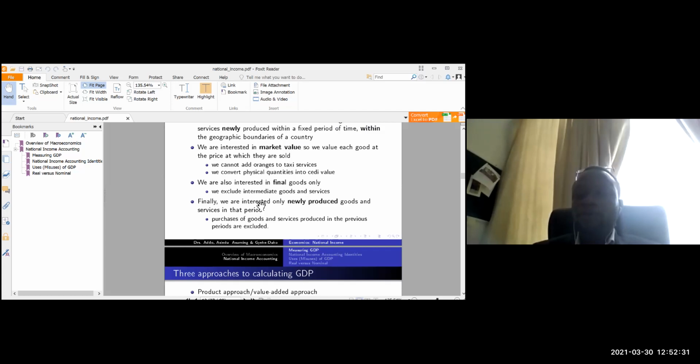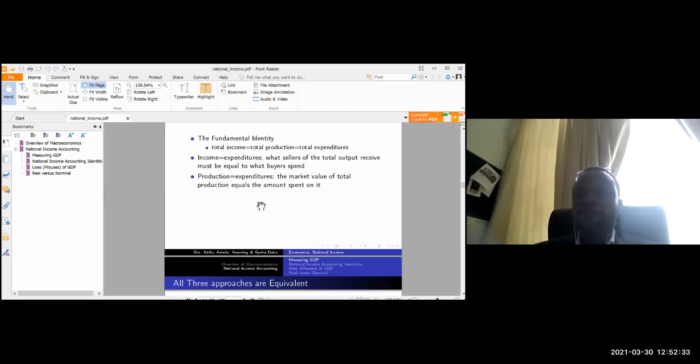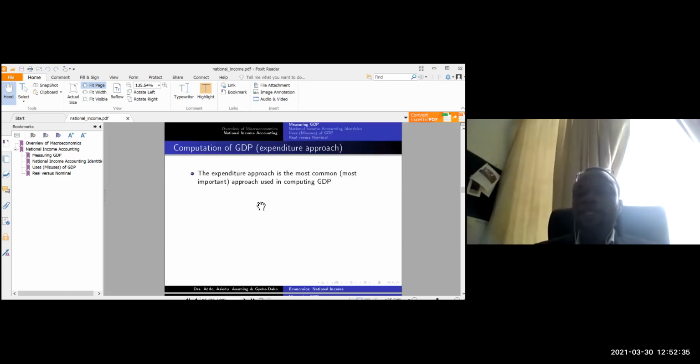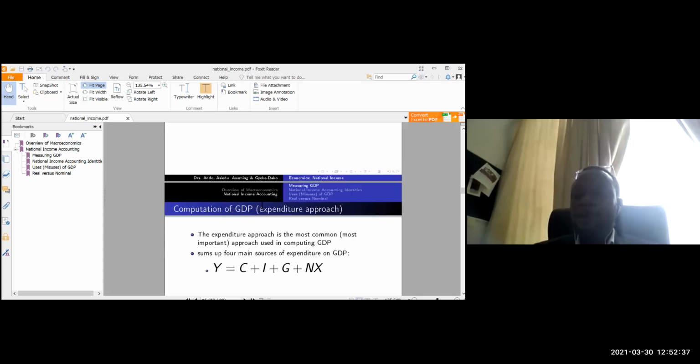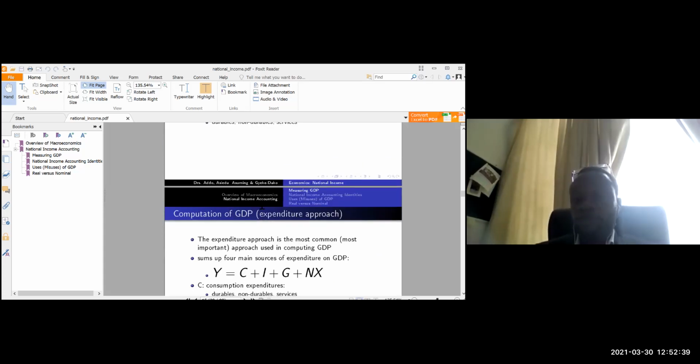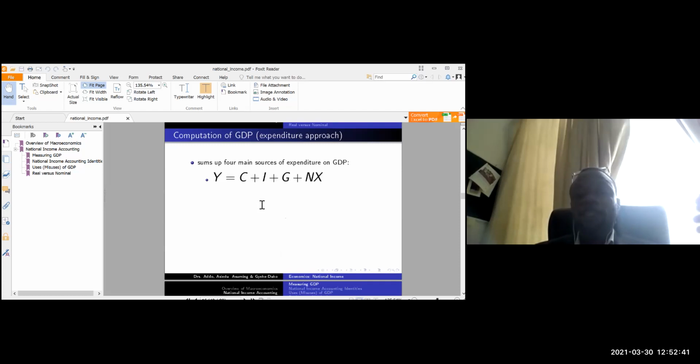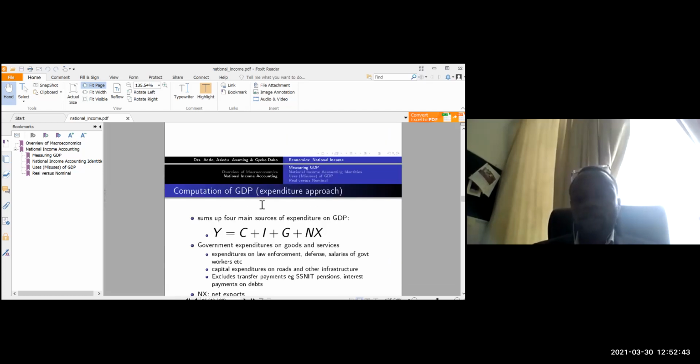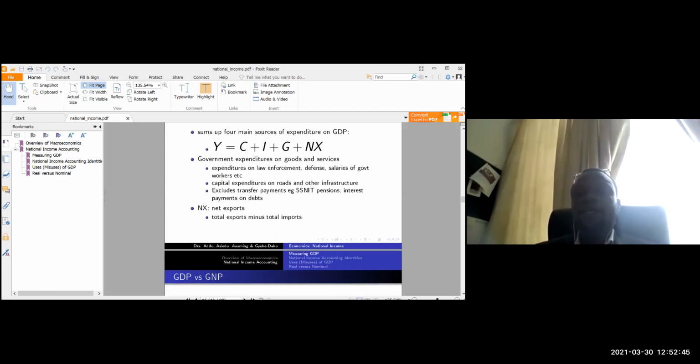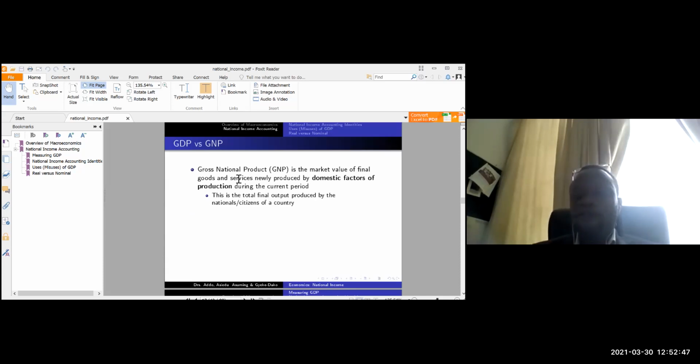When we go to GNP, the distinction is that we are looking at the output produced by the nationals of that country. And that's why we call it the gross national product. The gross national product here is the market value of final goods and services newly produced by domestic factors of production during the current year. The key is the domestic factors of production, domestic labor, capital owned by Ghanaians.